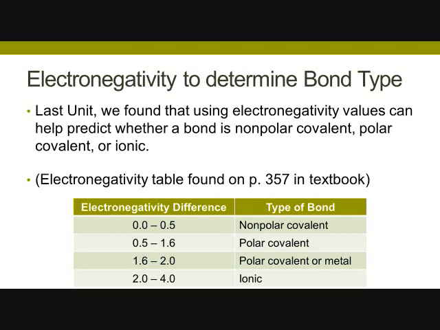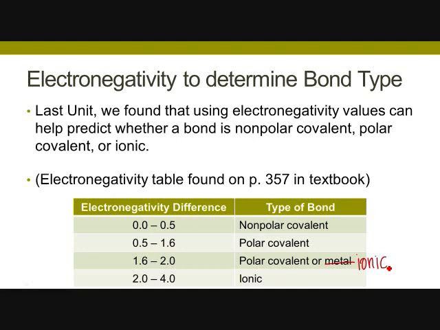When you take the values from the electronegativity table and subtract them for the two atoms, the difference can help you determine if it's nonpolar covalent, polar covalent, or ionic. It's supposed to be the word ionic, not metal, sorry. That's a typo. Change that in your notes.